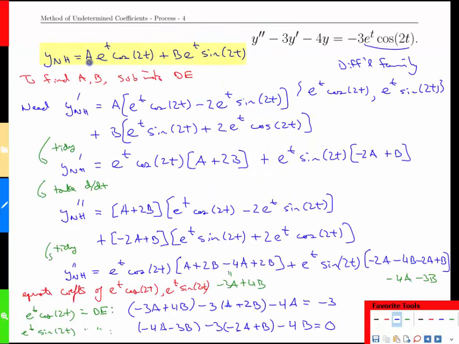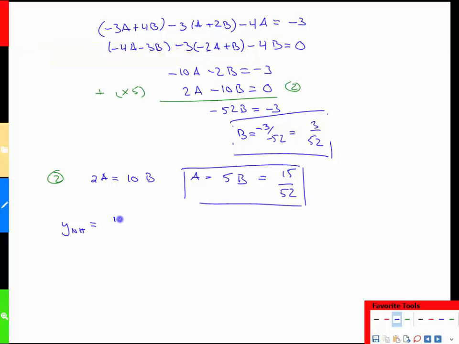Putting the pieces together, we had the a with the exponential times cos, so 15 over 52 e to the t cos of 2t. Then we had b, which is the 3 over 52 e to the t sine of 2t.